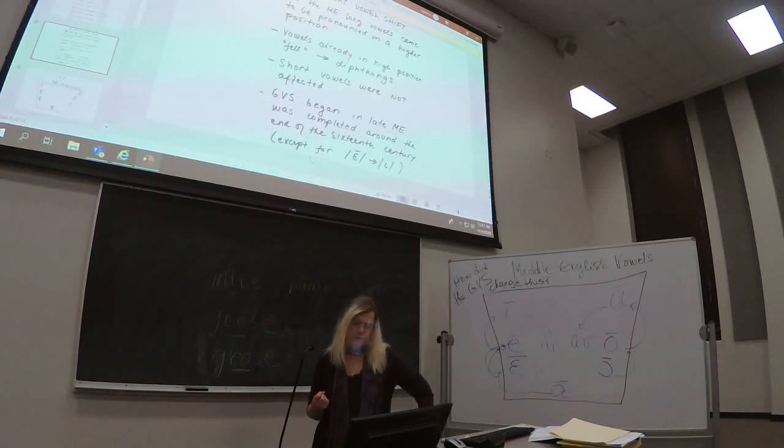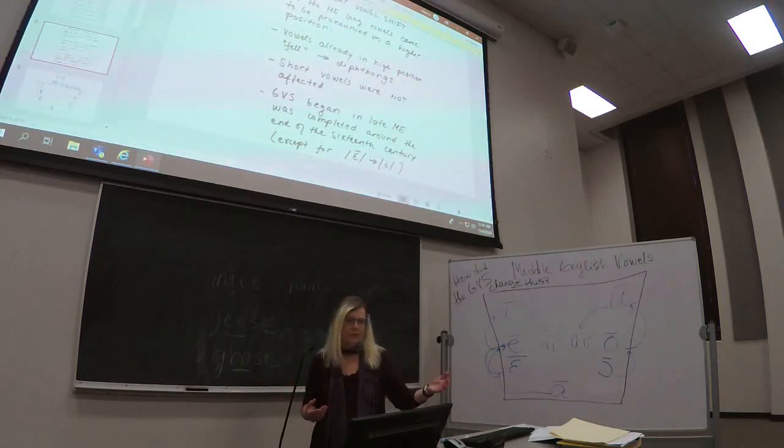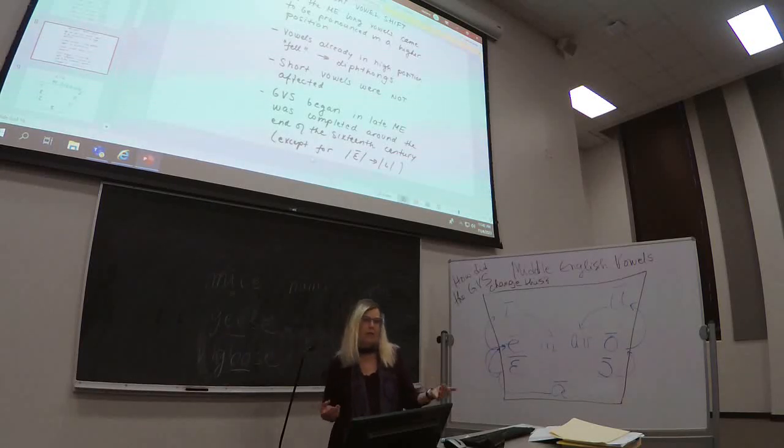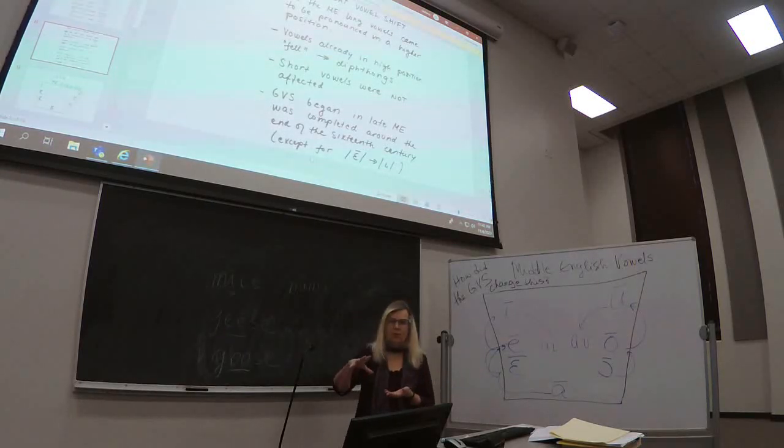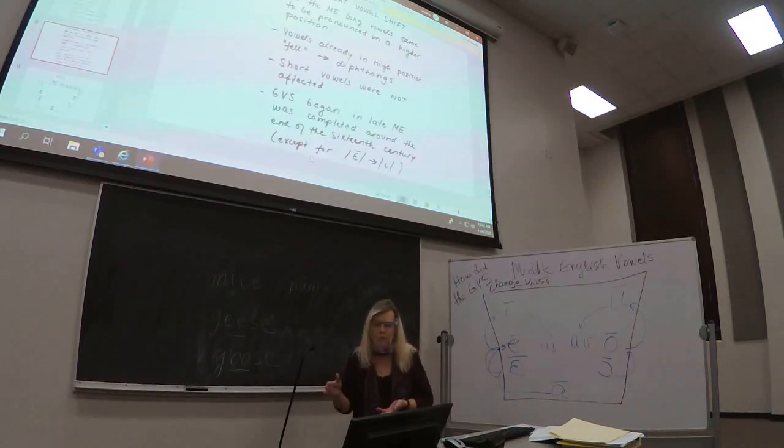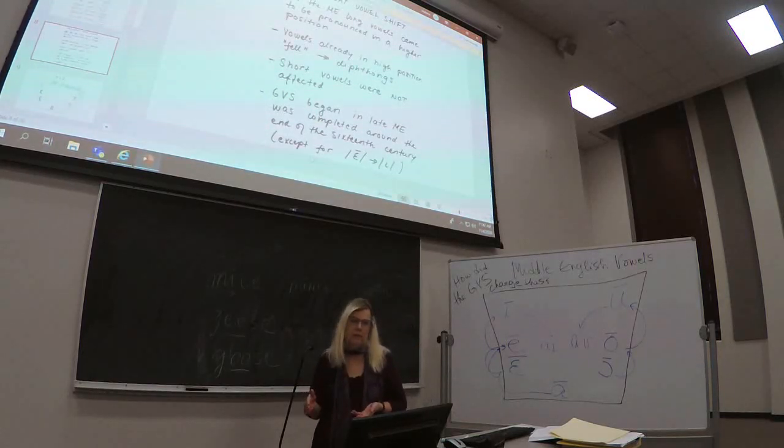All the Middle English long vowels came to be pronounced in a higher position. But of course that was a gradual, slow process, and it spread from one group of speakers to another, but it affected all the long vowels of Middle English.